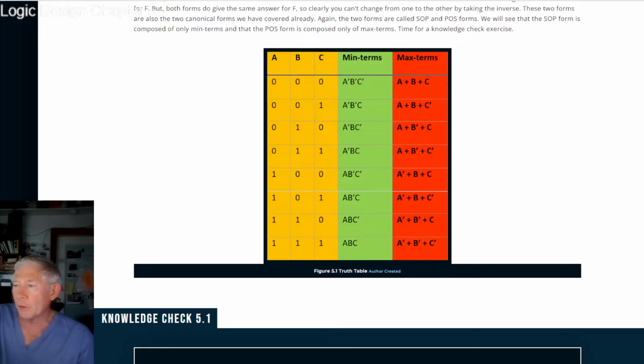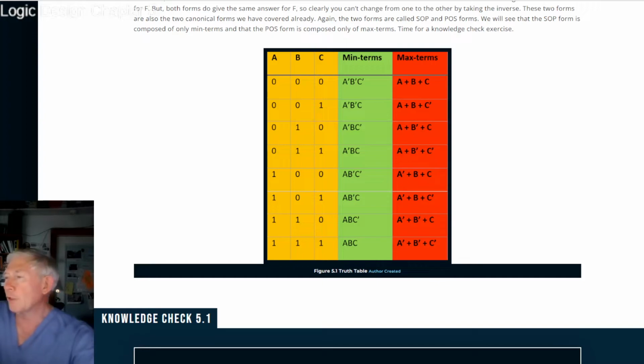Here we have A is 0, B is 0, but C is 1. So we have A prime, B prime, C. Here we have 0, 1, 1 for this row, which is row 3, and we have A prime, B, C. And here we have A, B, C, because they're all ones. So it depends on whether our input variables are ones or zeros. That's how we write these minterms.